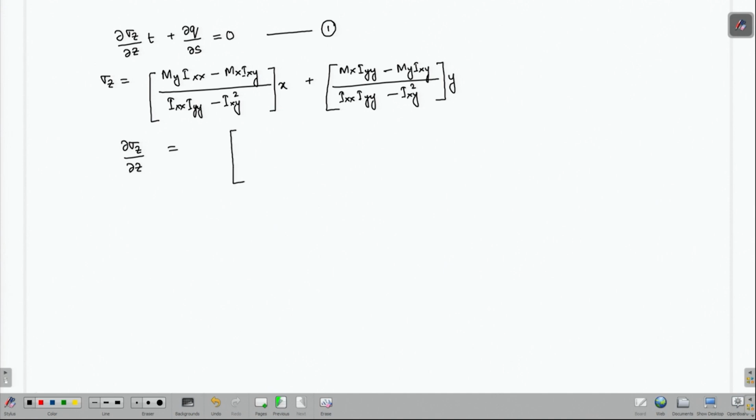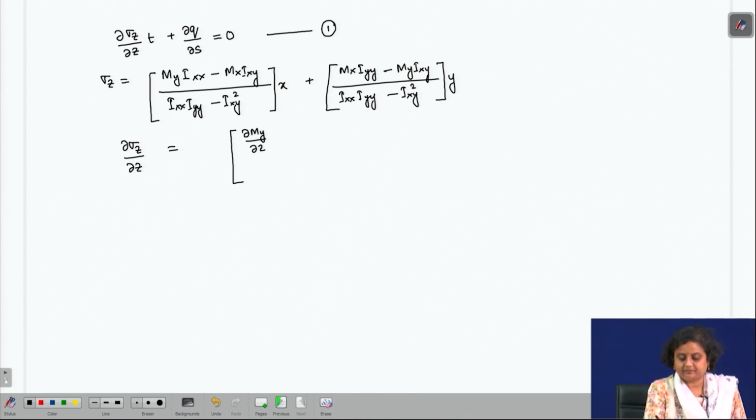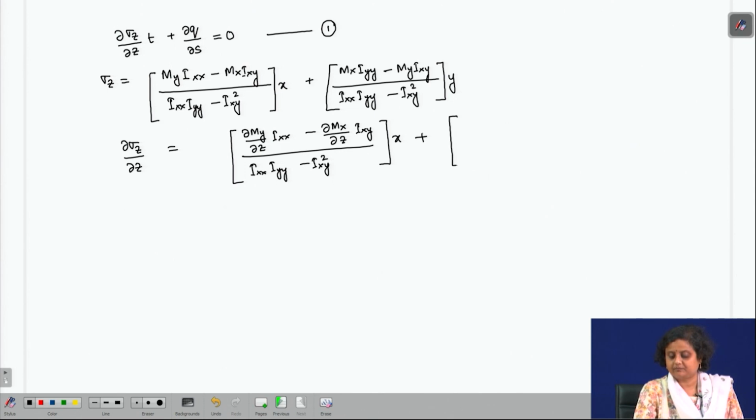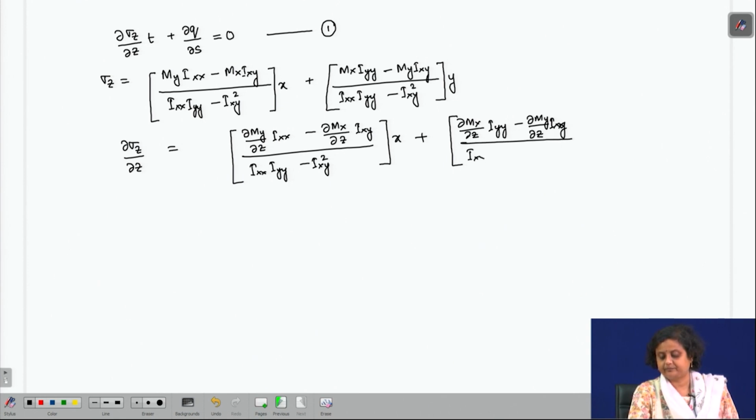So, what is that going to be? That is del my... So, what I have done is that I have taken the derivative with respect to z on both sides of the above equation.